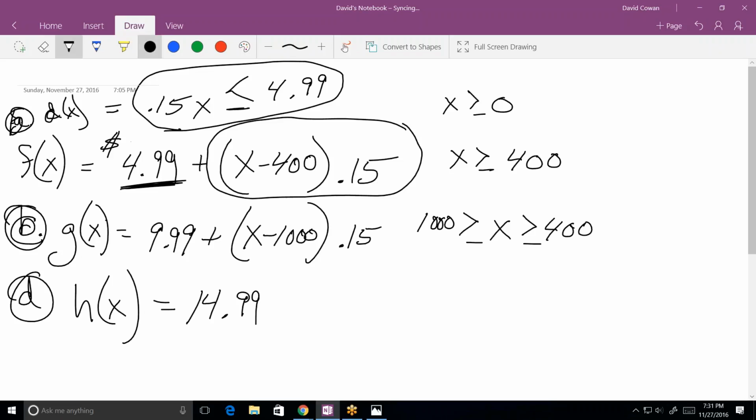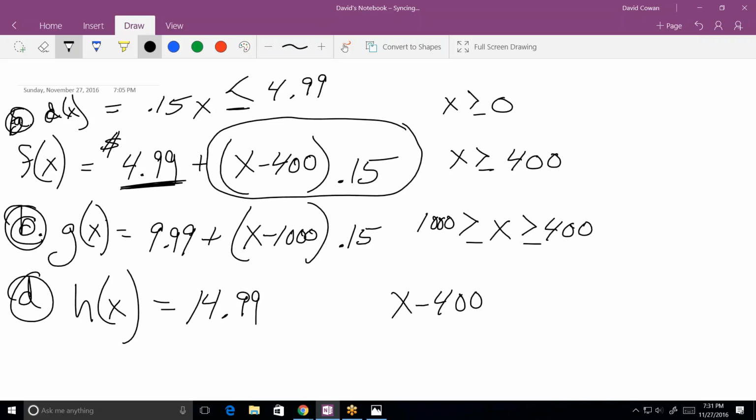Well, when the amount that I have circled there, x minus 400 times 0.15, is greater than what? X minus 1,000 times 0.15. How about $5? Because $5 is the difference between the costs of the plans.